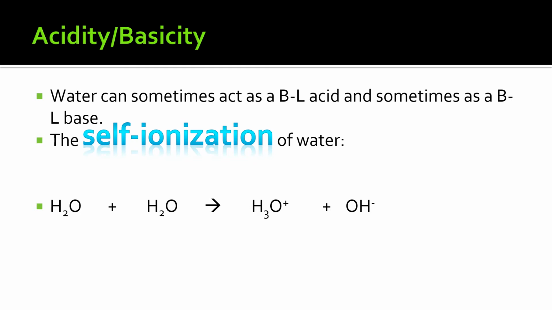We have to determine which one is the Bronsted-Lowry acid and which is the Bronsted-Lowry base, because water can sometimes act as both. I take a look at my first substance and try to determine what happens to it.